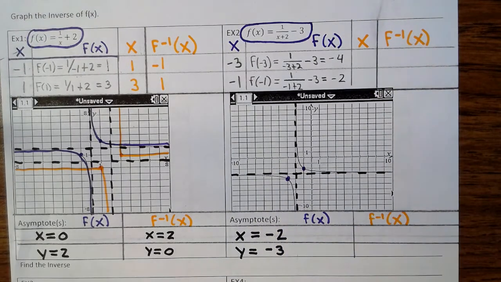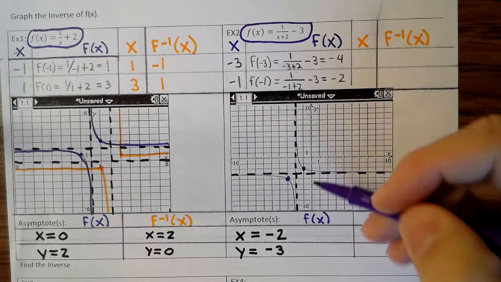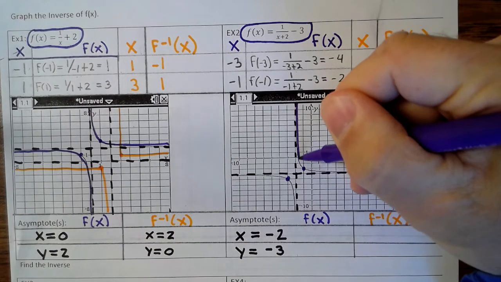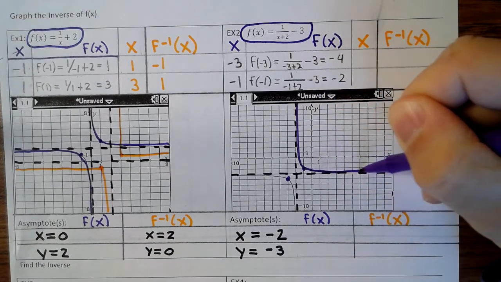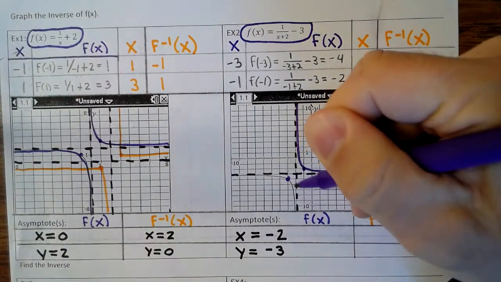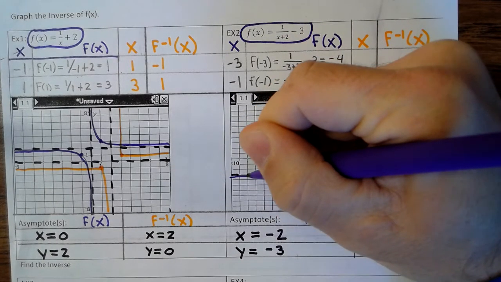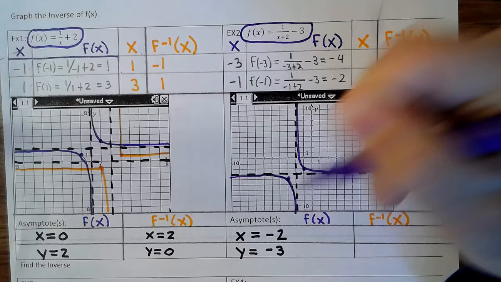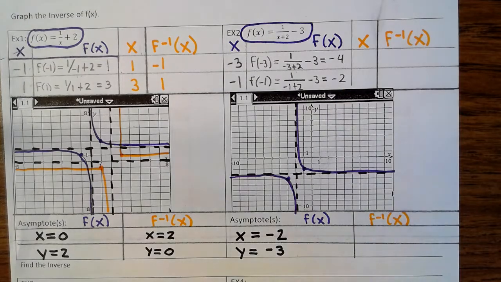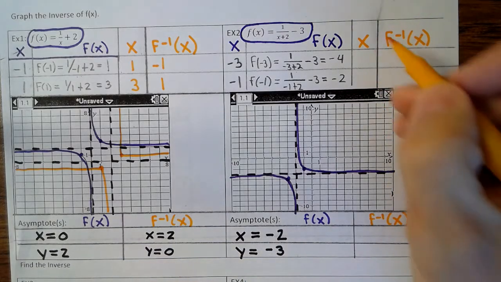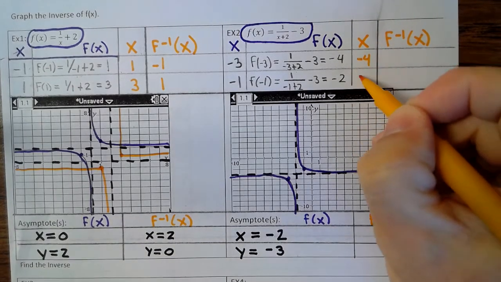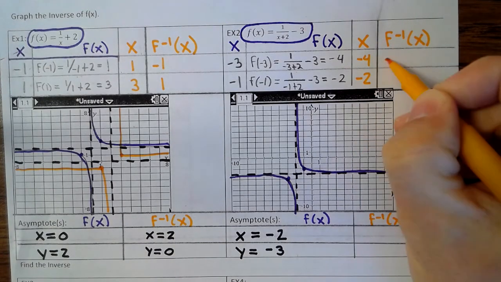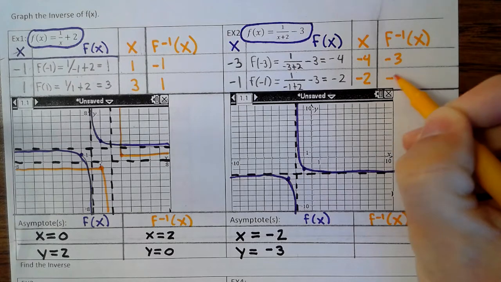Okay, so we see that our point here, so our curve is here. And our point here, so our curve is here. Now we know that for inverses, the x and y switch, so this becomes -4, -2, -3, -1.